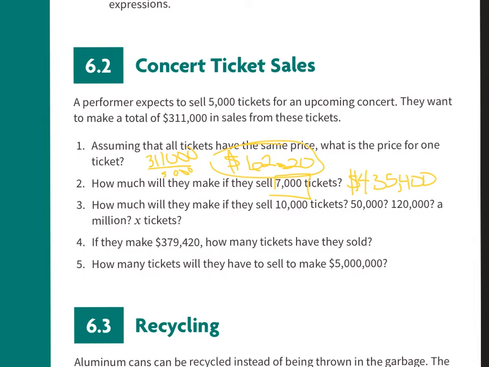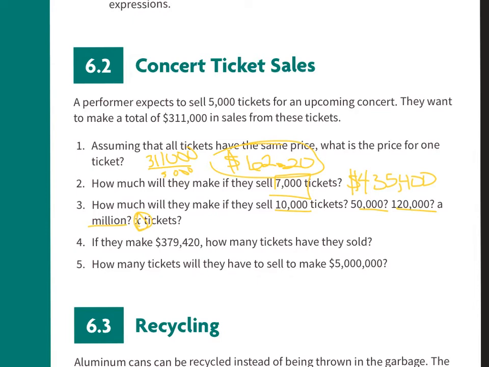How much will they make if they sell 10,000 tickets, 50,000 tickets, 120,000 tickets, a million tickets, X tickets? So we would just take all of these numbers, 10,000, 50,000, 120,000, a million, X, and we would multiply it by 62.20. So if they sold X tickets, let's look at X tickets.